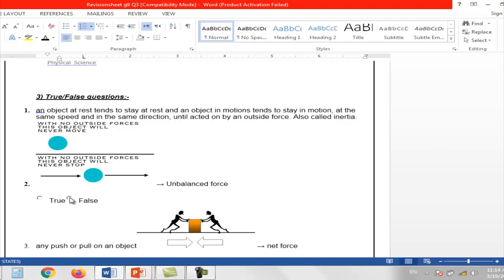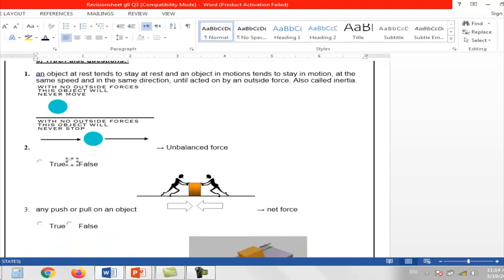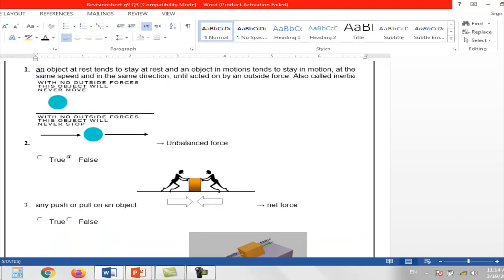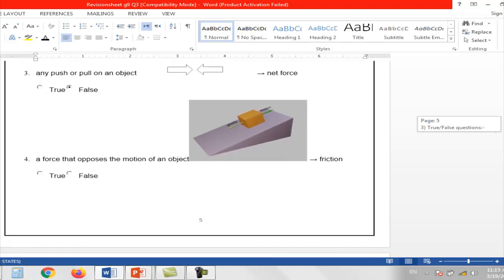No, false. Number two, any push or pull on an object is a net force? No, false. Number 4. A force that opposes the motion of an object is friction? Yeah, true.